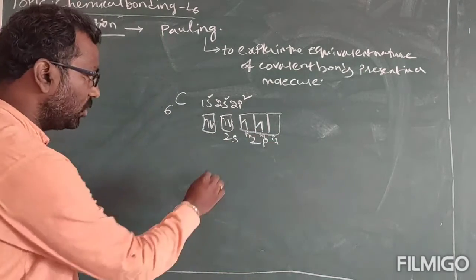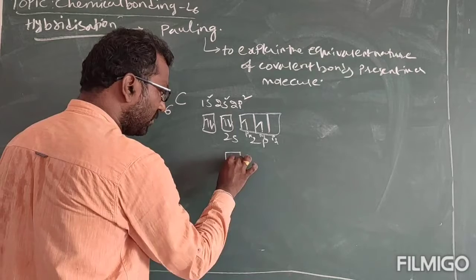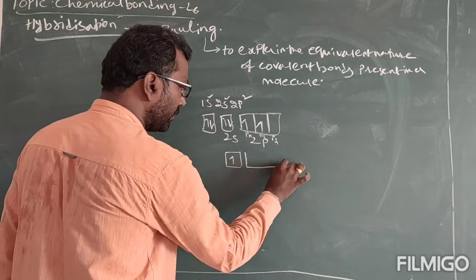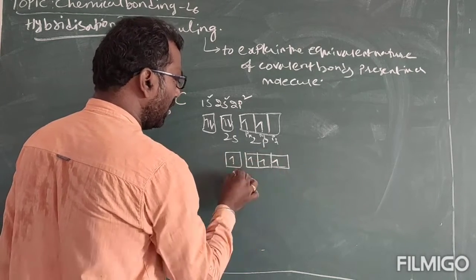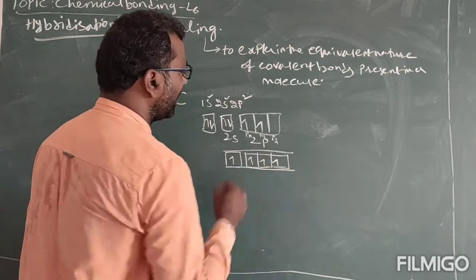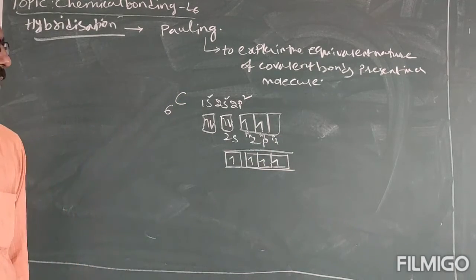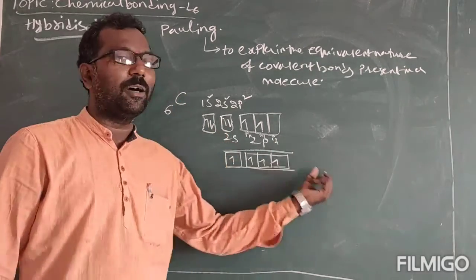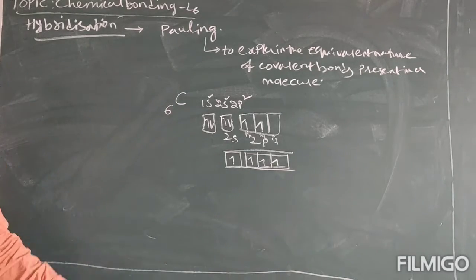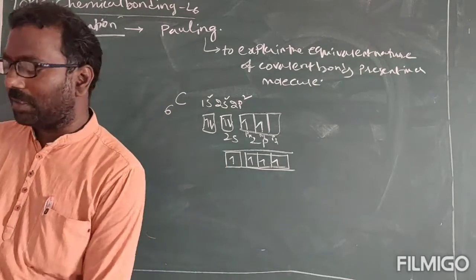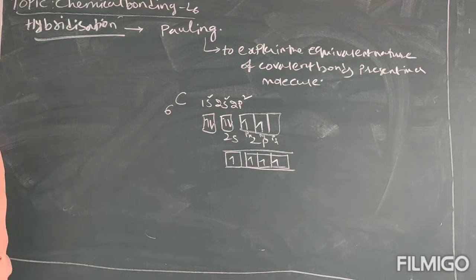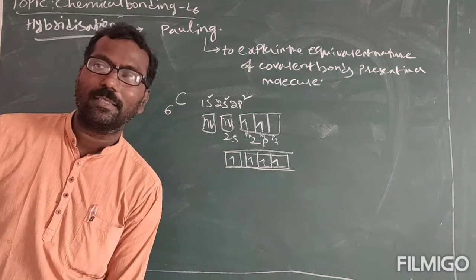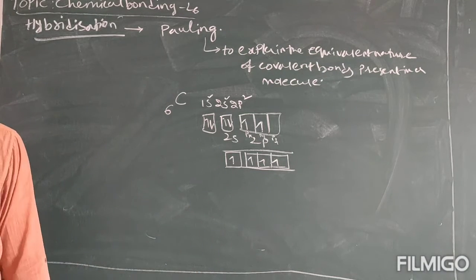So one electron jumps, and all are of equal energy. That is what we call hybrid orbitals. All have become equal in energy, and the new ones are called hybrid orbitals.